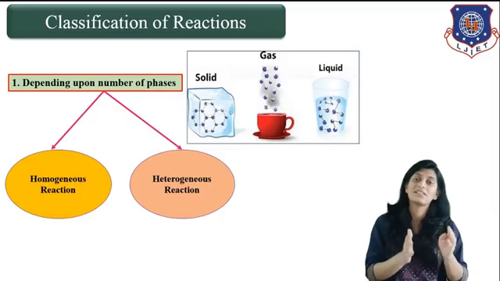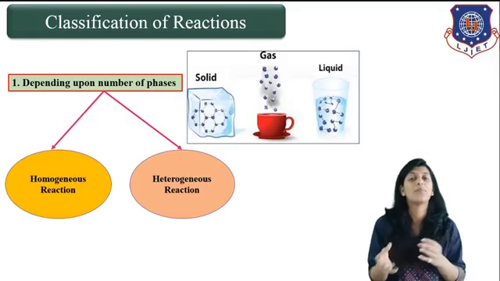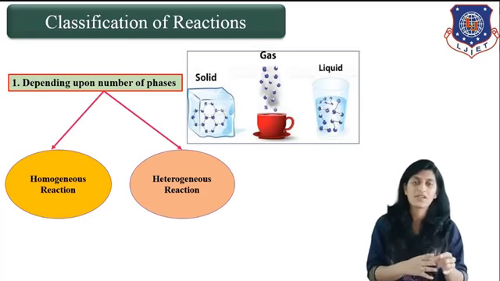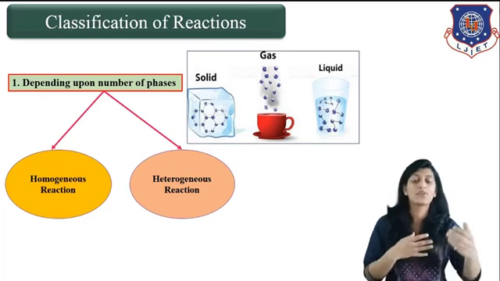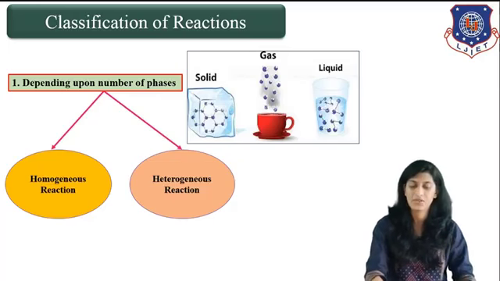The reaction takes place within the same phase, with the same type of molecules. That is, if it is a liquid reaction, then both the reactants are in the liquid phase, and such reactions are termed homogeneous reactions.